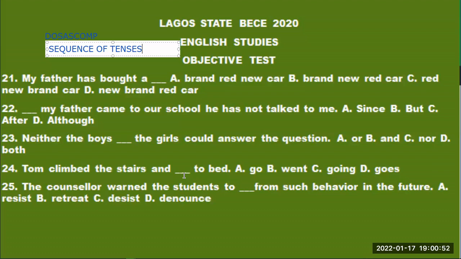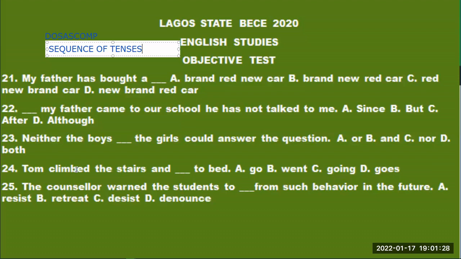Logically, they should agree because you can't be talking of Tom climbing the stairs in the past, let's say yesterday, last night, for instance. Last night, Tom climbed the stairs and go to bed. It doesn't make sense. So that is why option A is incorrect, and option D, goes to bed, even though it agrees in terms of concord, yet it doesn't agree in terms of the tense, because we have climbed, past tense.